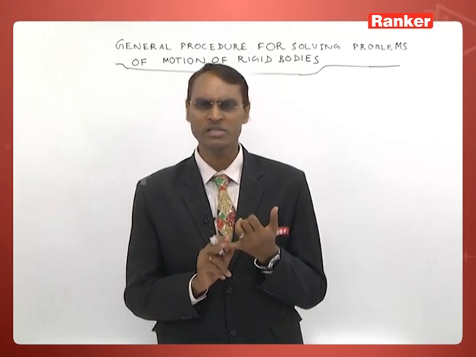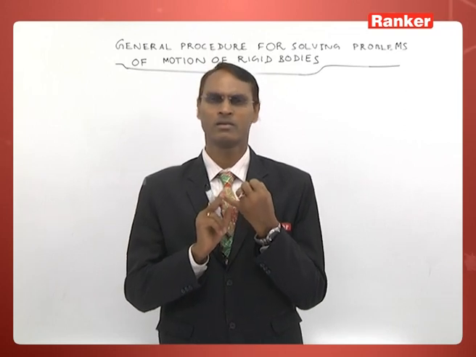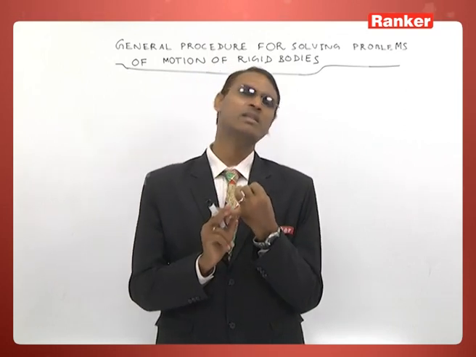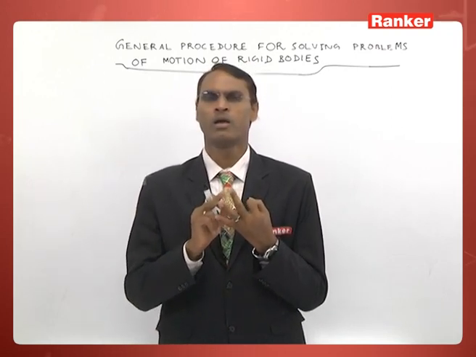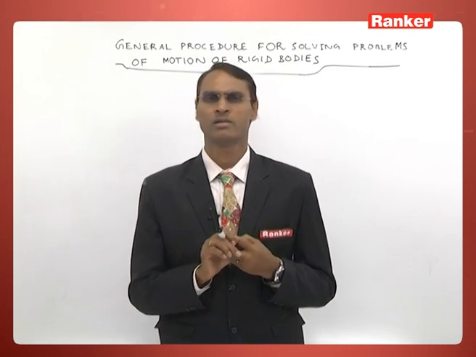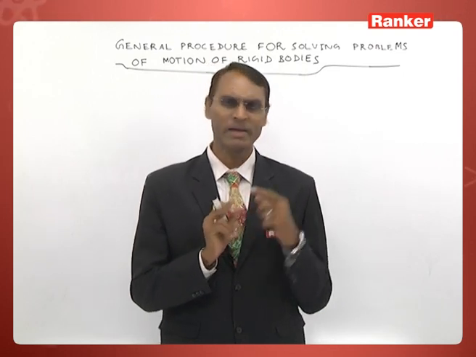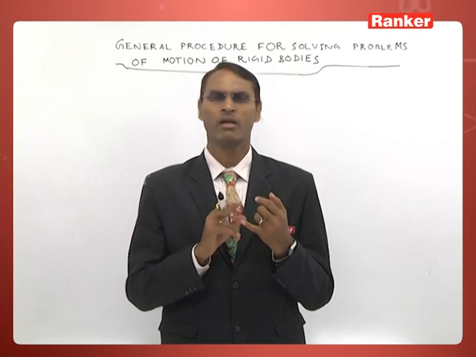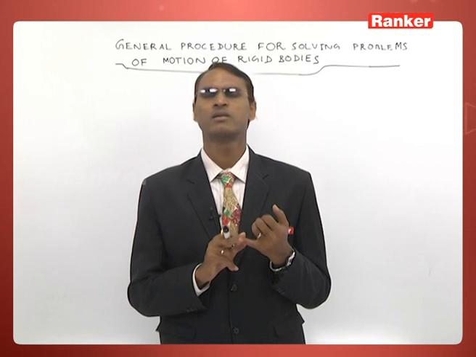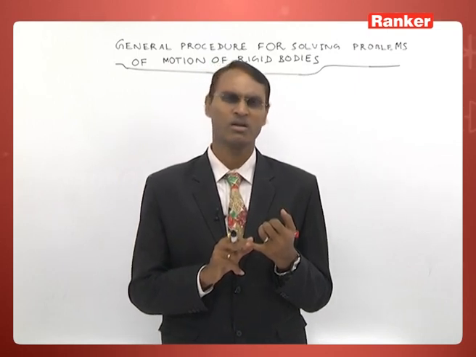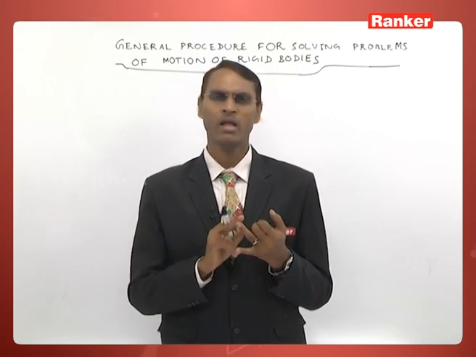How many dynamical equations? 3 dynamical equations: 1 torque equation and 2 force equations. How many kinematical equations? 2 kinematical equations, along x direction, along y direction, or along the rod or normal to the rod, or along the tangent, along the radius.